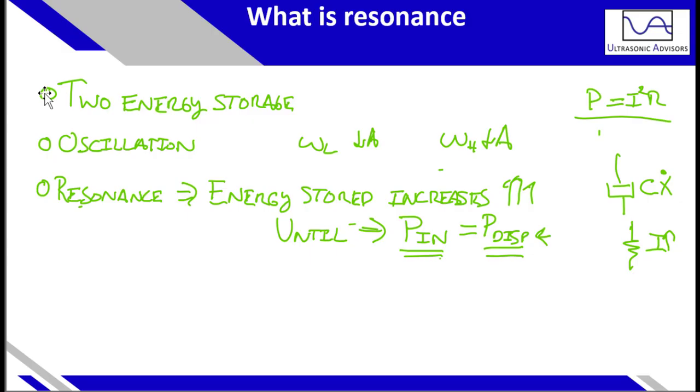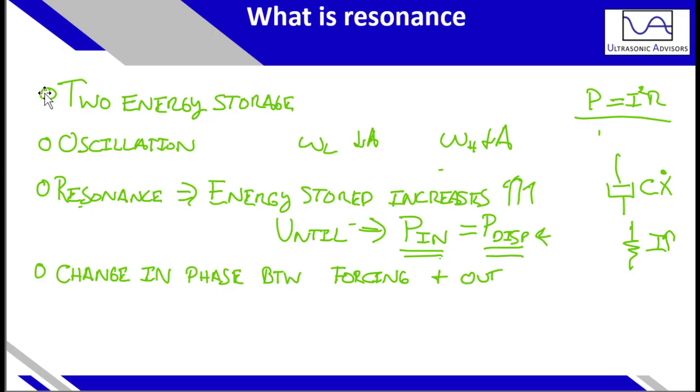The other very important point that will come up over and over again now is there's going to be a change in phase between the forcing function, whether that's voltage or force, and the output.